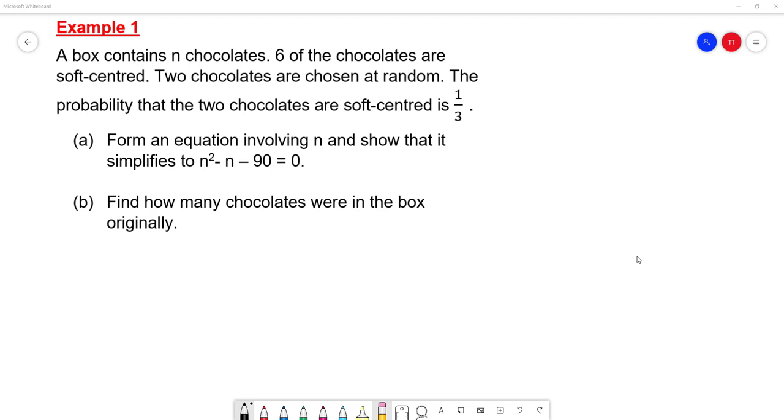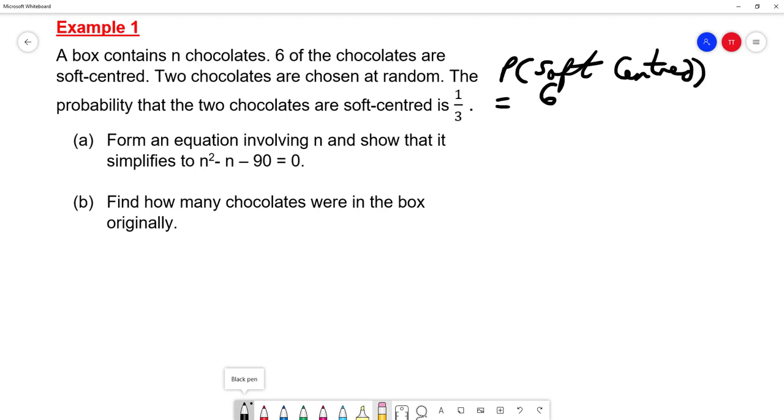Then part B says, find how many chocolates were in the box originally. So what we're going to do for a question like this is say, right, so I'm choosing 2 chocolates. 6 of these chocolates are soft-scented. So I'm going to write the probability of me choosing a chocolate that is soft-scented.